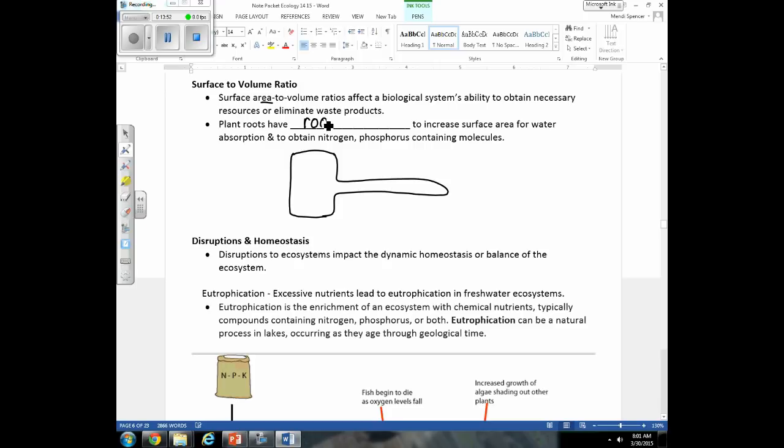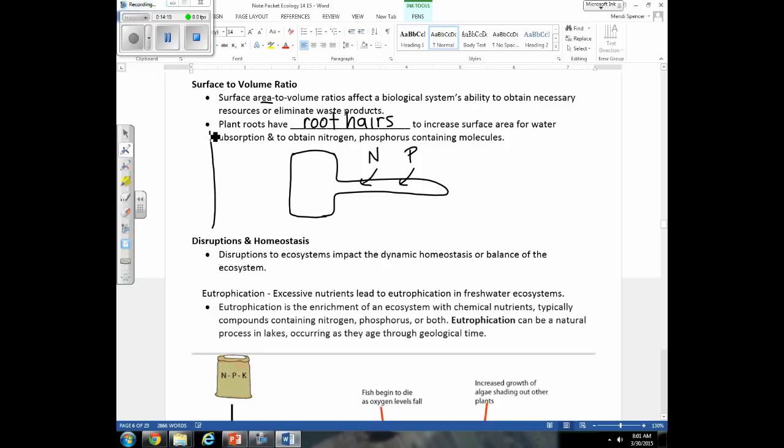And that is what we mean by root hairs. So those nitrogen atoms that are in the soil, those phosphorus atoms that are in the soil, they can be taken up by those root cells. And those root hairs give them a high surface to volume ratio to be able to adequately absorb those elements from the soil.